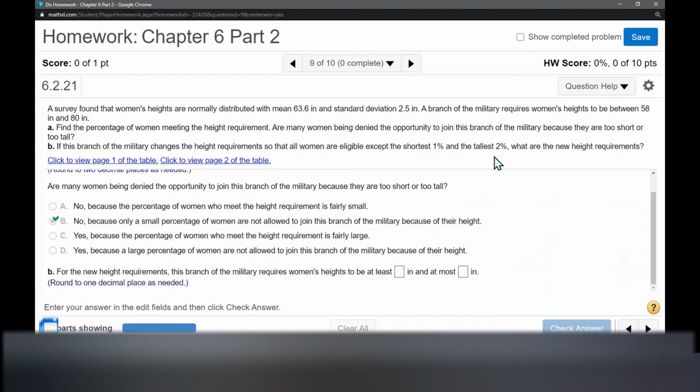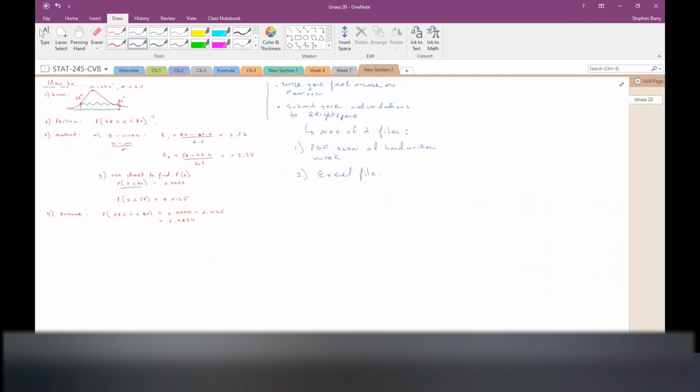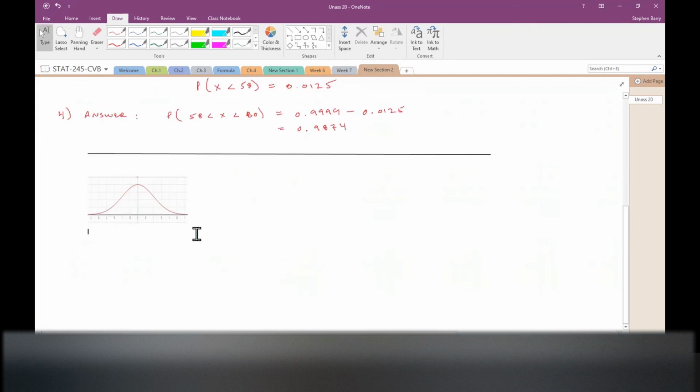So this is a good question as well, because you have to do that backwards thing that I was mentioning earlier. So if I want the bottom 1% and then the top 2%, I'll have to find the z-score first.